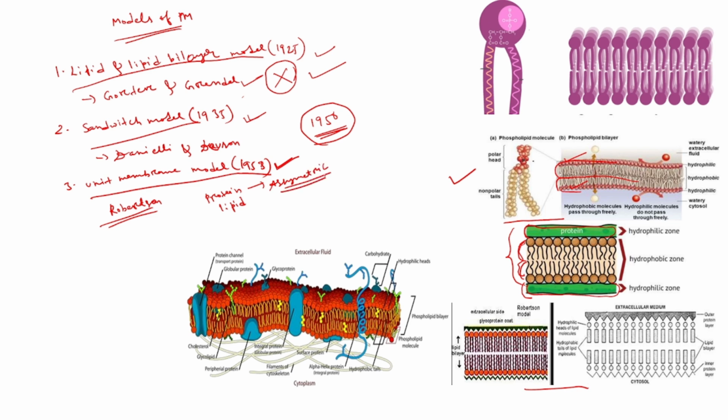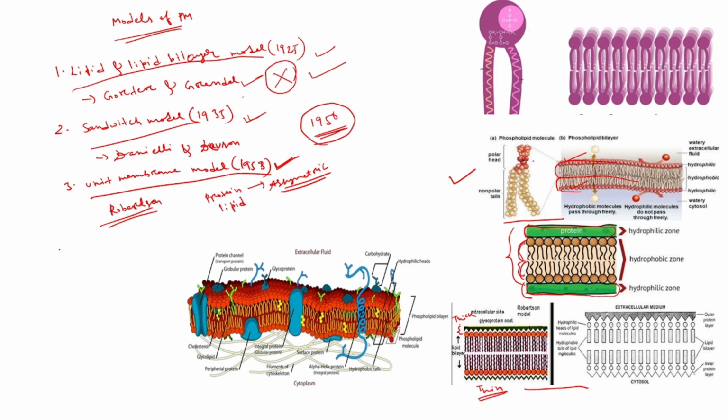That means it is not the same in both layers. At the outer layer, look at this structure, it is thick, and at the inner layer, it is thin. The thin layer of protein is present, and inside it the lipid is present according to this model. So that is called the unit membrane model.